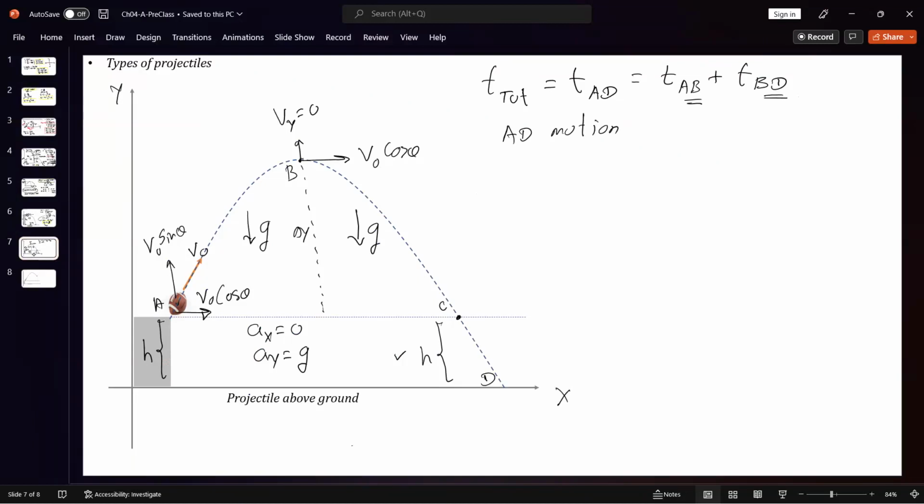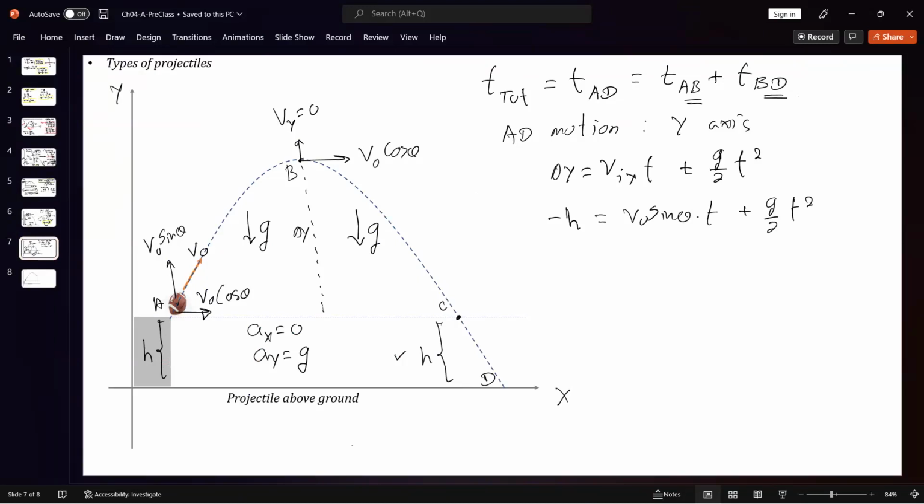straight in the y direction. If I consider the y-axis directly, then I can apply delta y equals v initial y t plus g over 2 t to the power 2. That way I should be able to find the total time directly. In this particular case, delta y is going to be h in the downward direction, which is a negative number, and the initial velocity component upward is v0 sine theta times the total time, plus gravity divided by 2 t to the power 2.